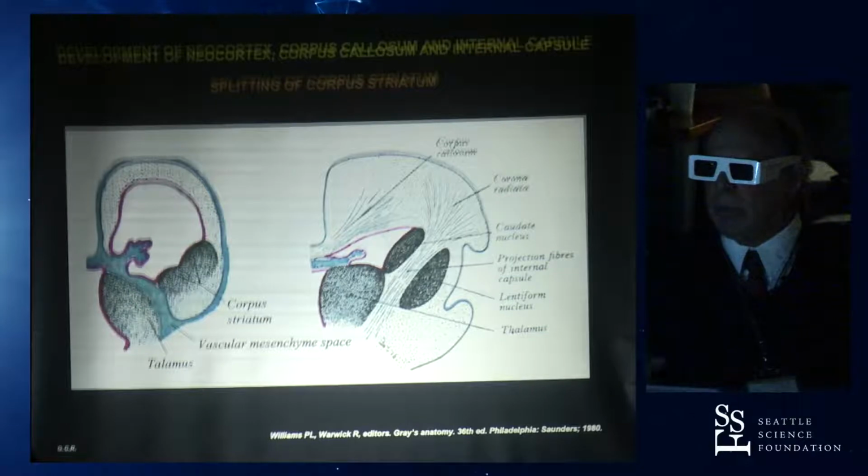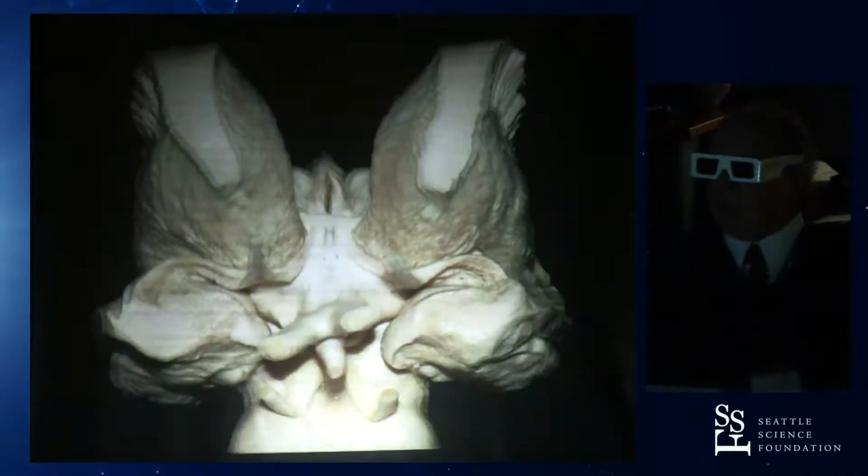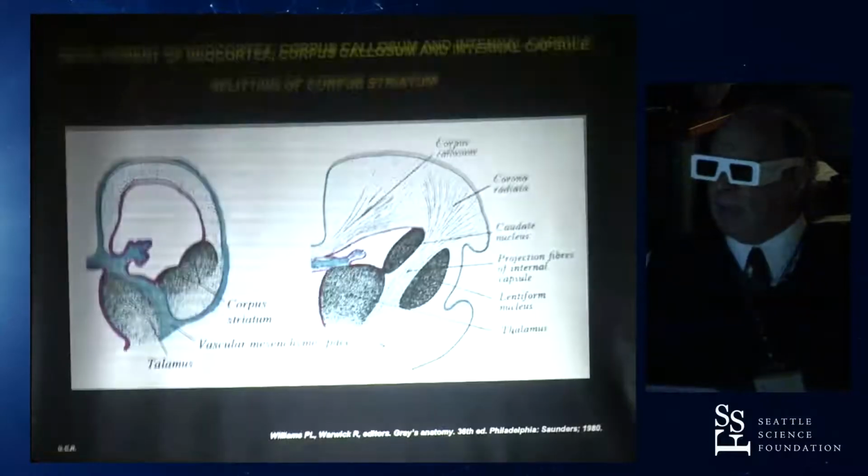Throughout evolution, when the mammals came, okay, the corpus callosum developed, and the internal capsule had to develop to become the projection fibers. So we had a splitting of the striatum throughout evolution. Now, since the internal capsule has this fan shape, okay, what happened?